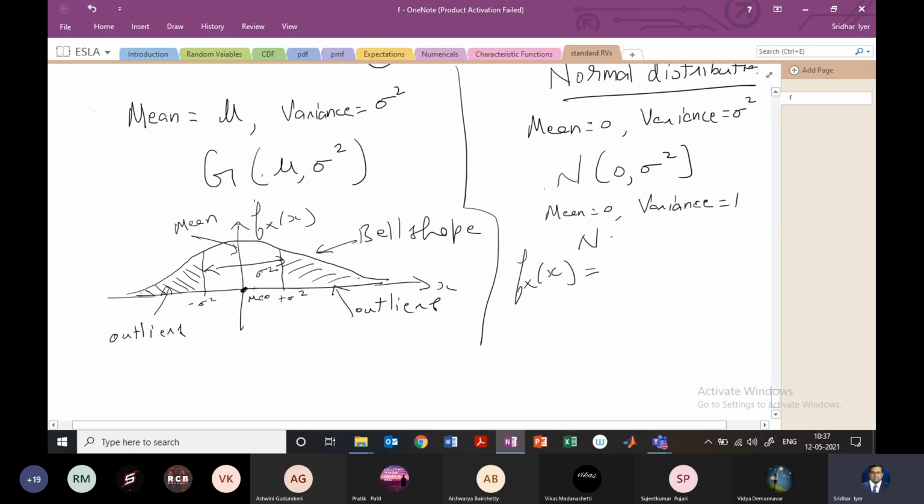So in that case, we write the normal distribution as N(0, 1). This variant, where mean is 0 and variance is 1, is the one that is used a lot. It is the most popular variant.